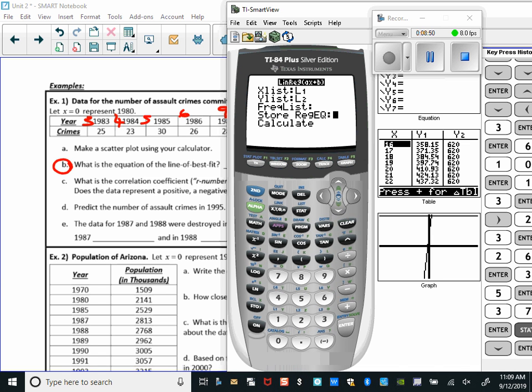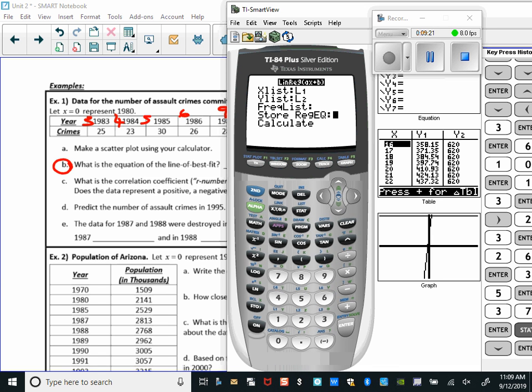Alright, so you hit alpha trace, and then it should have Y1 appear, so you can just hit enter. Then you should be on a, so if you just hit down 1 to calculate, and then hit enter.